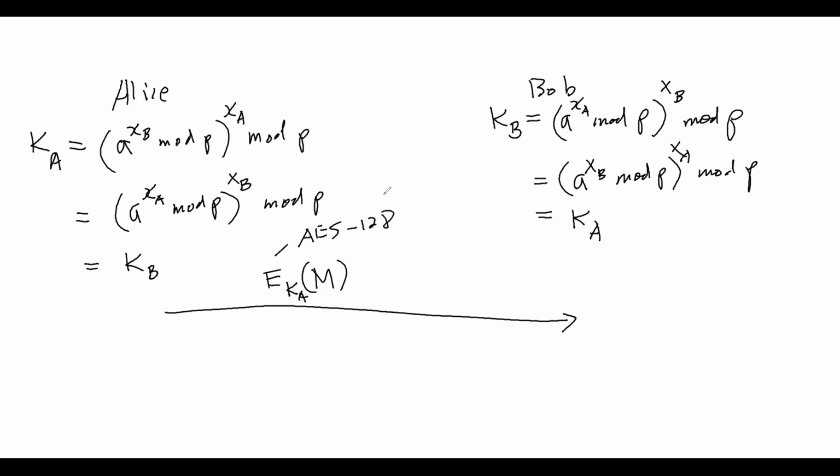So Bob knows KA, so Bob then just uses the decryption algorithm of AES 128 to decrypt the ciphertext when he receives it. Okay, so that is the Diffie-Hellman key exchange protocol.